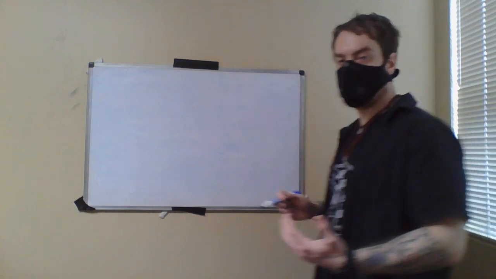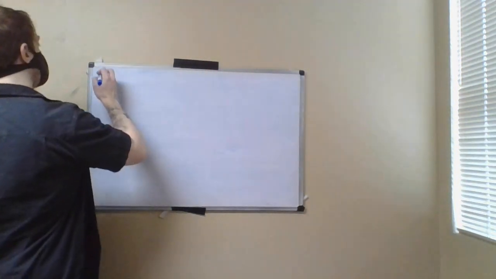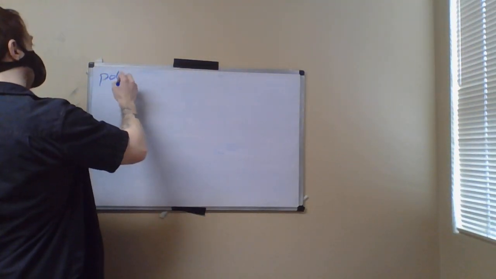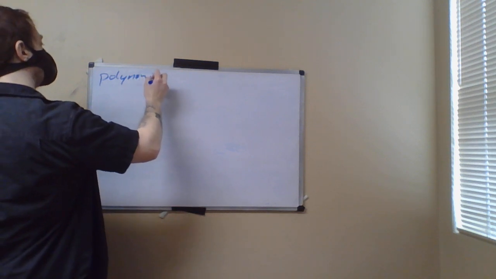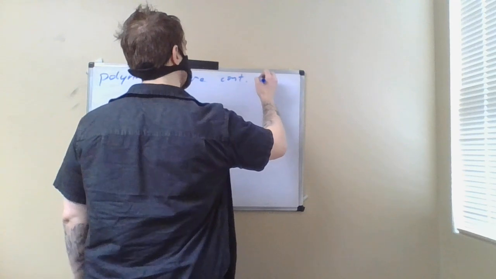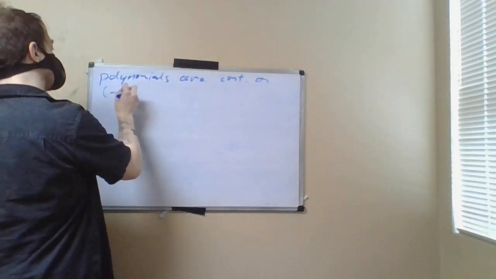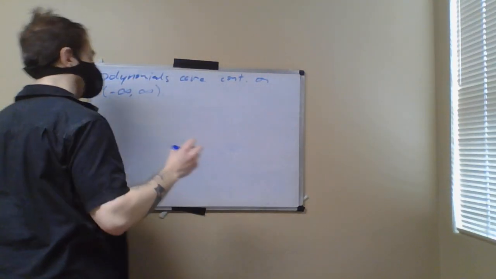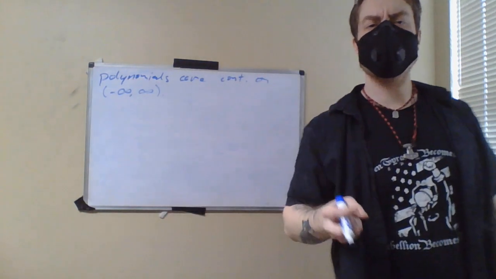Just to give some examples of continuous functions, polynomials are continuous on the entire real number line. Why is this true?